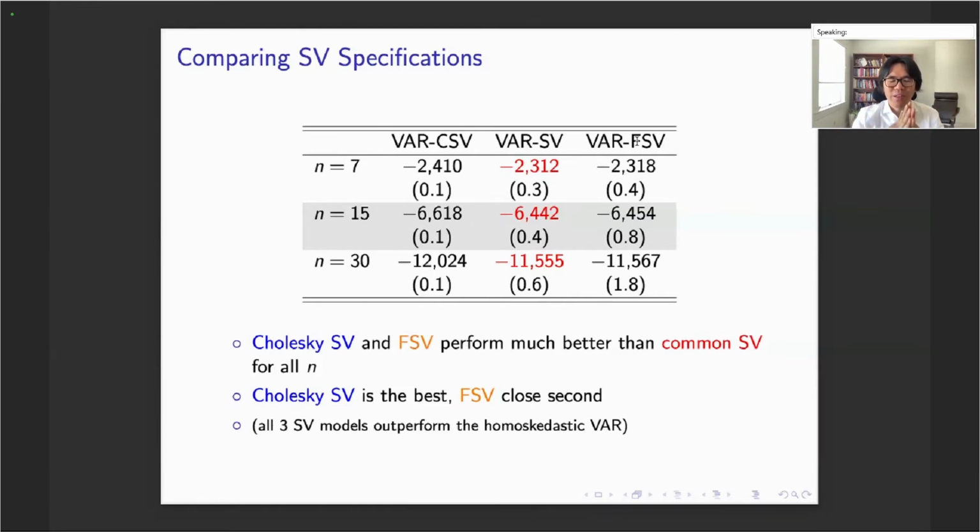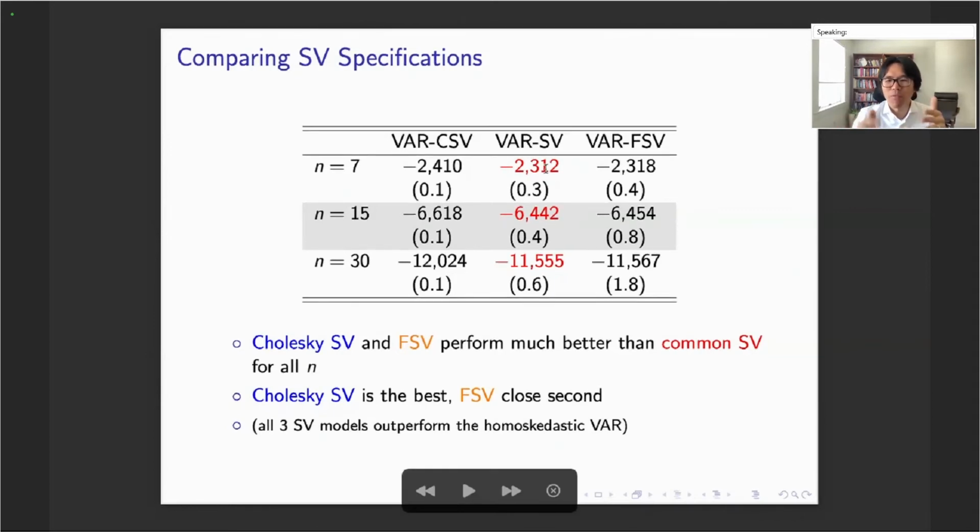For all the data sizes, the Cholesky SV is the best model, and often by a large margin, right? If you compare to the common SV, that's a difference of about 100 in log marginal likelihood. So seemingly the Cholesky SV is much better than the common SV.